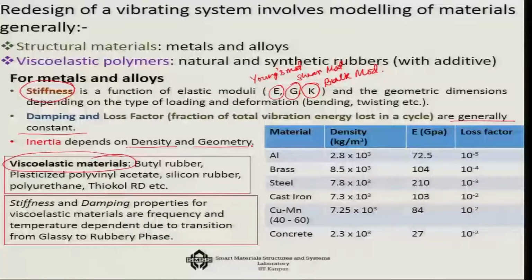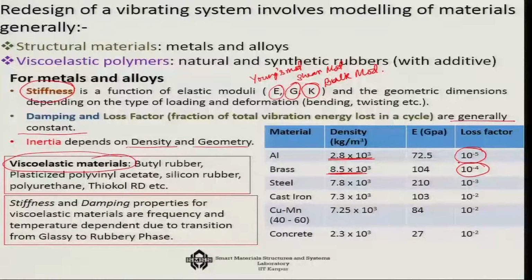So, to give you some kind of an idea, aluminum has the lowest density in terms of the damping material that is used, but its loss factor is also very low. If you consider brass, it has a higher density and its loss factor is also very low. No wonder brass is used for musical strings, where it does not have a high loss factor.